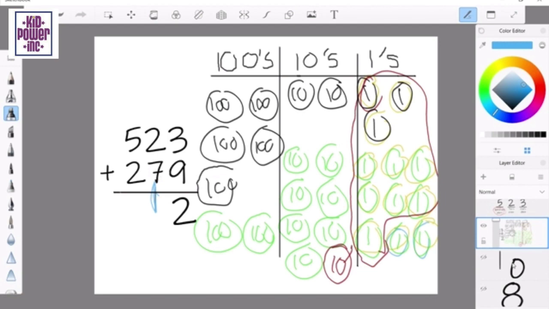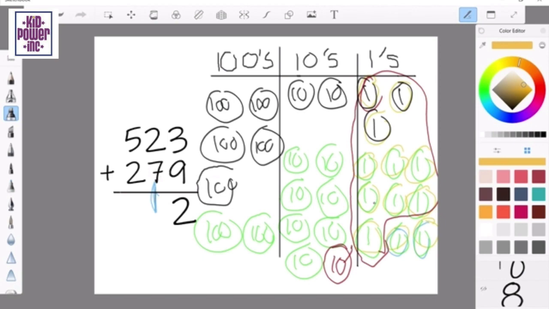Now let's add the numbers up in the tens column. So we have 1, 2, 3, 4, 5, 6, 7, 8, 9, and then our new extra 10. There are 10 discs, and as you know, you can't have a double-digit number in a single place value.